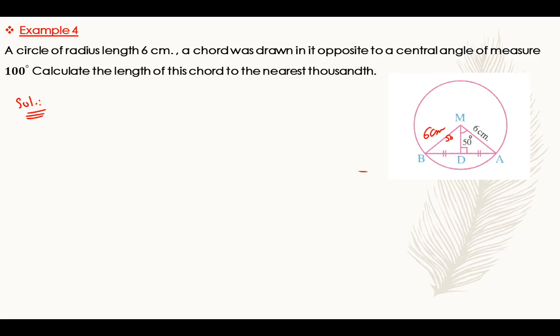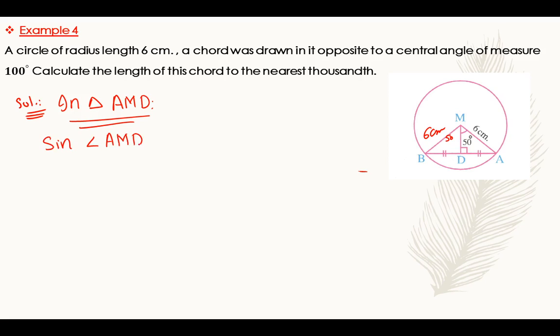In the solution, here we want to find the length of the chord AB. So in triangle AMD, first I am going to find the length of AD. AD is opposite to angle 50, so I am going to use sine of angle AMD.